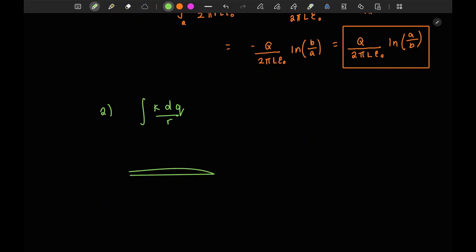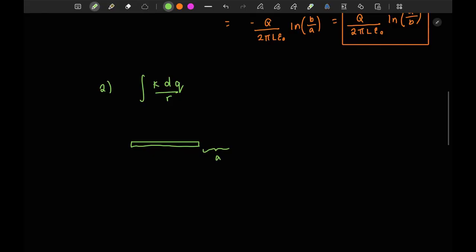So we have our rod, draw that out, and we'll begin by finding the electric potential at a distance A from the edge of the rod. And this goes very much along the lines of how we found electric fields via direct integration. We're going to begin by labeling a representative dq and labeling its distance r from the point at which we want to evaluate the electric potential.